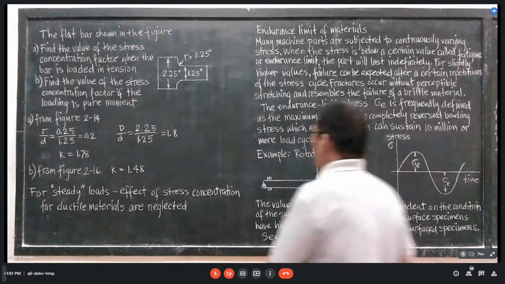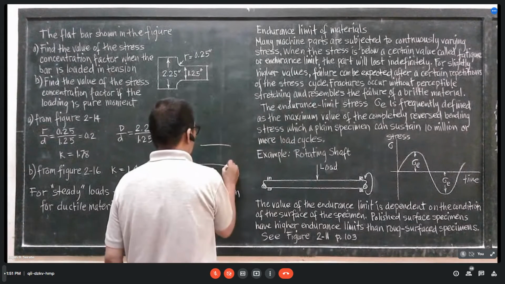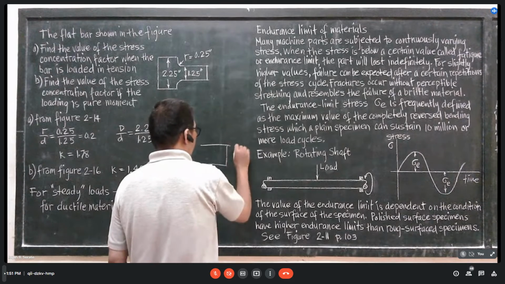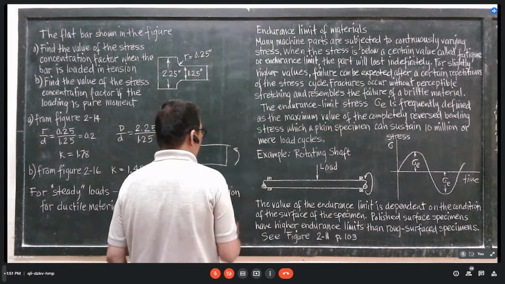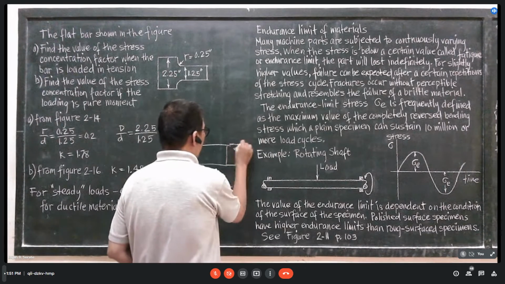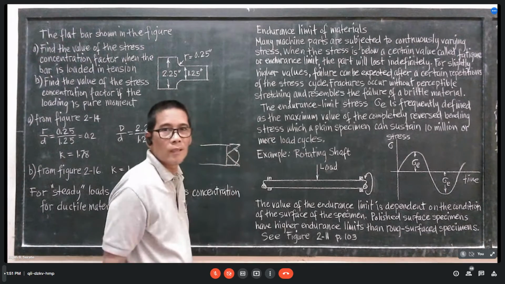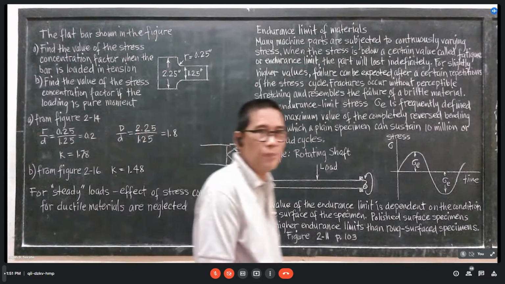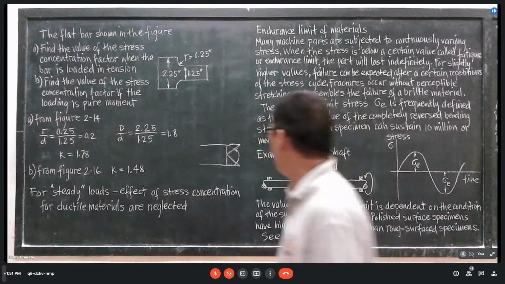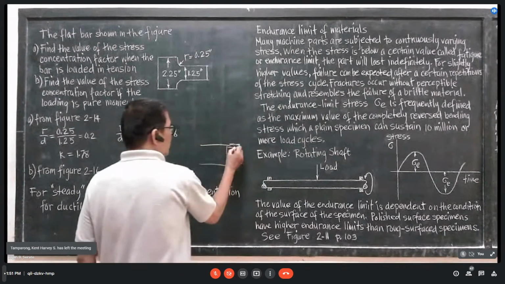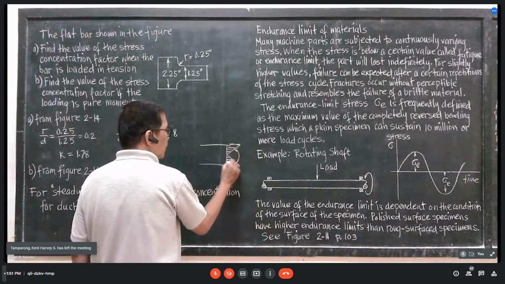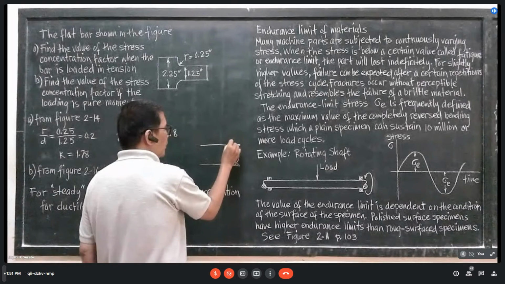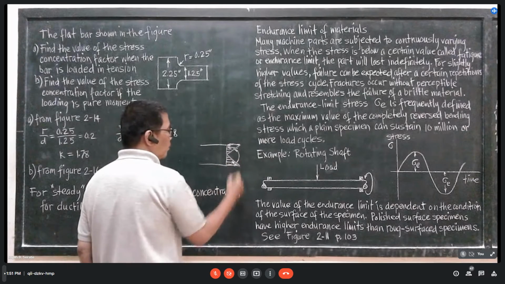If you have a material, and then there is a moment, what will happen is that you will have something like this. It is not the same. On one side, it is different from the other side. That is the bending moment. What is the stress here? Compressive on the top and tensile below.